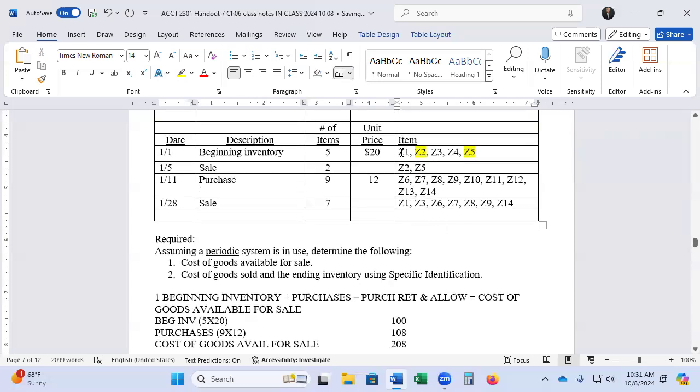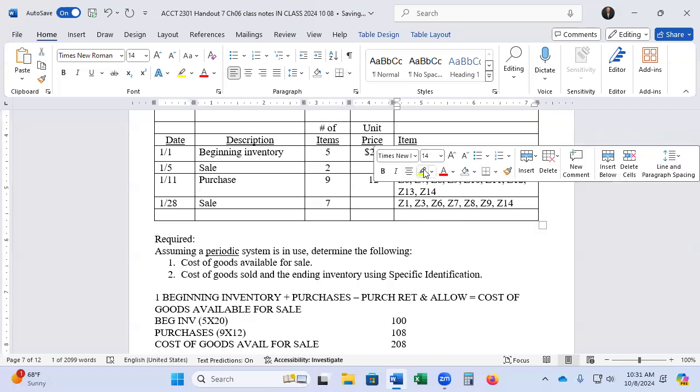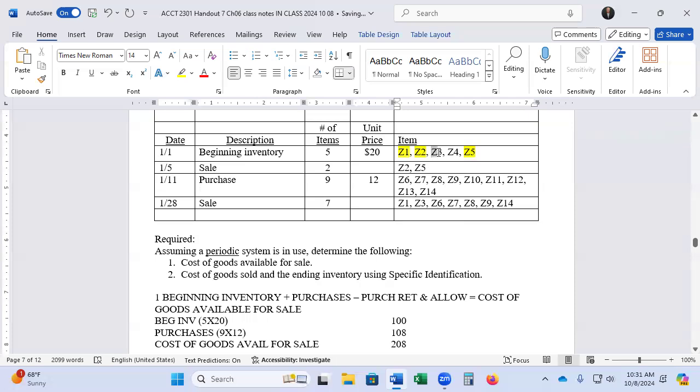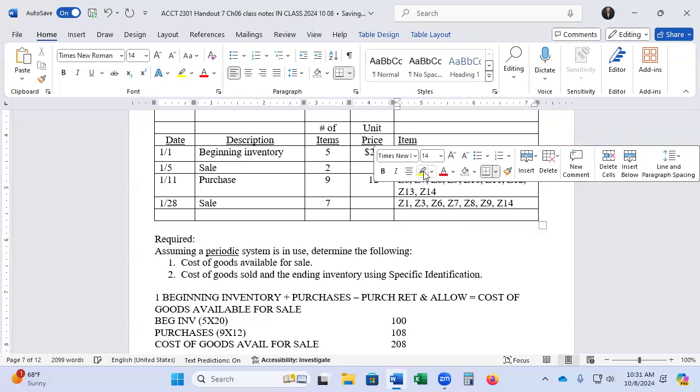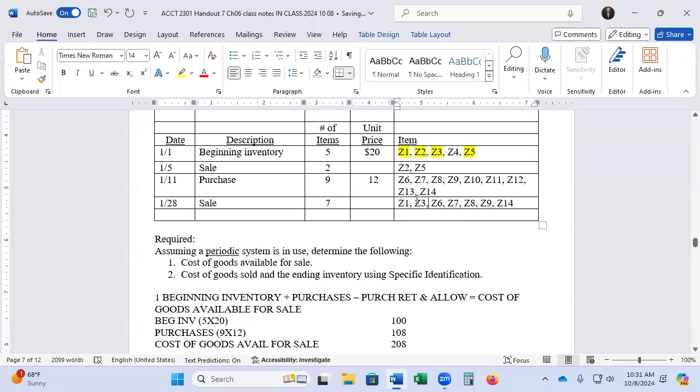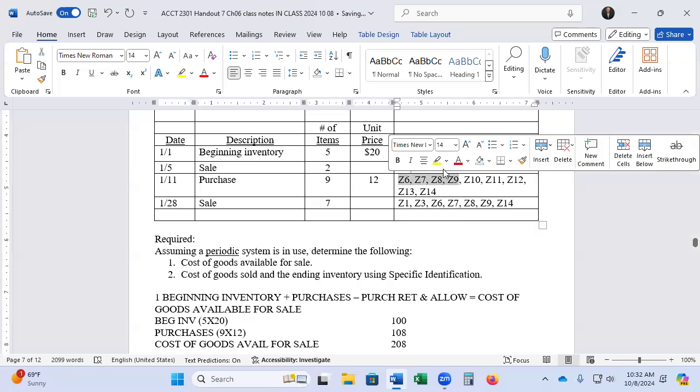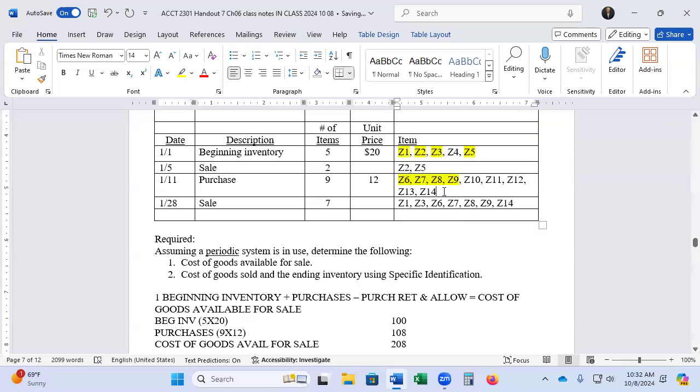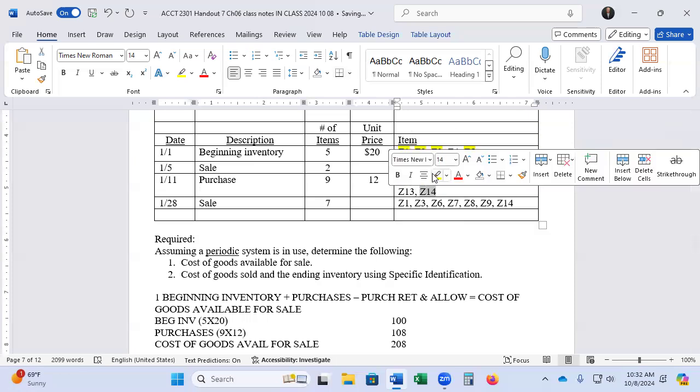And then we sold Z1, Z3, Z6, 7, 8, and 9, and Z14.